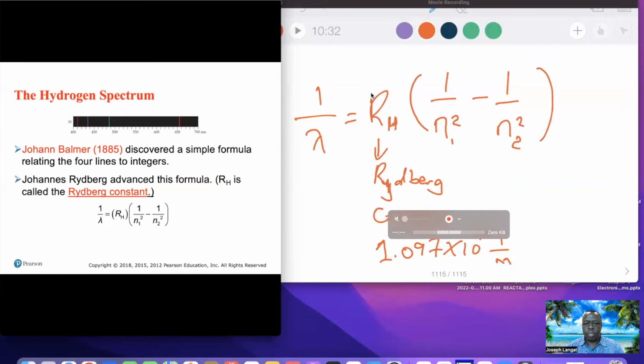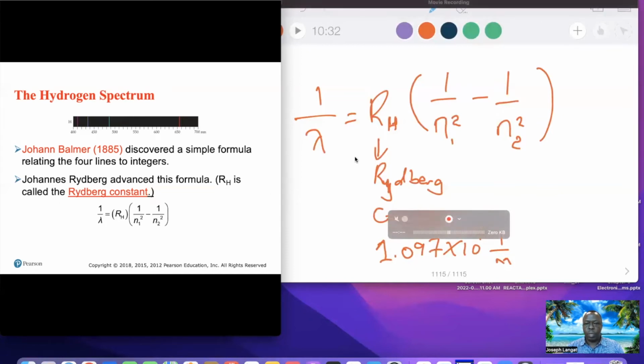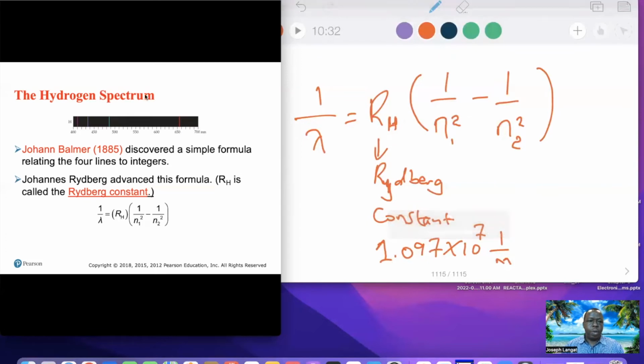This is just a constant which we plug into this formula, the Rayleigh-Spark equation. He explained that the reason we see these lines, or how to calculate this, has to do with electrons dropping from a high energy level to a low energy level.